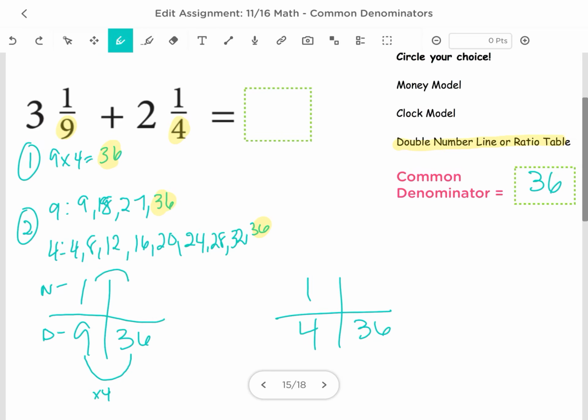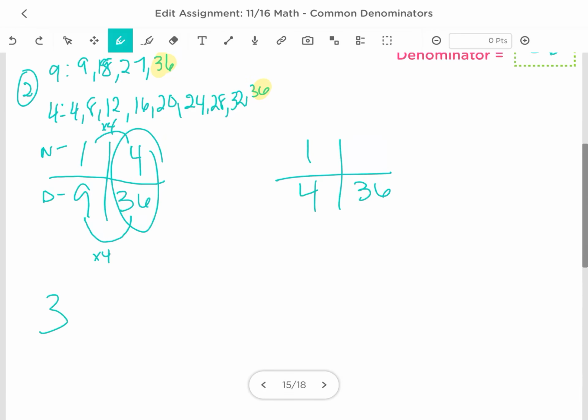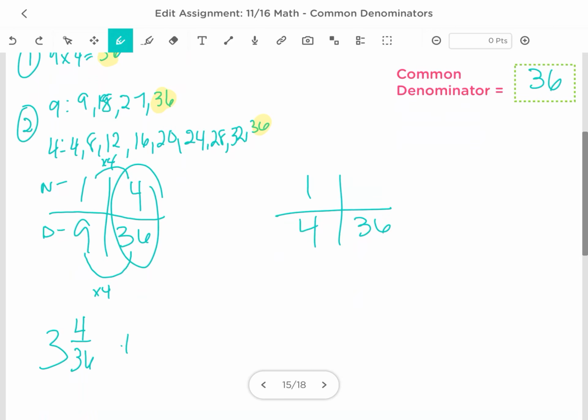Whatever I do to the bottom, I must do up top. 4 times 1 equals 4. So my new fraction is going to be 4 over 36. So instead of 3 and 1/9, it's 3 and 4 over 36. That's my new problem. Plus 2, and we'll find out.